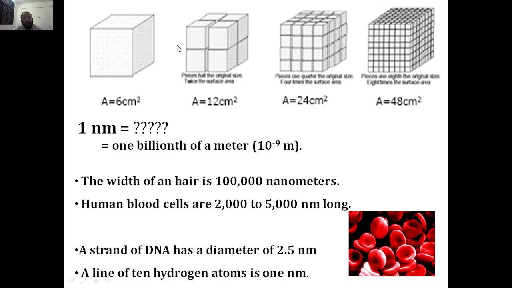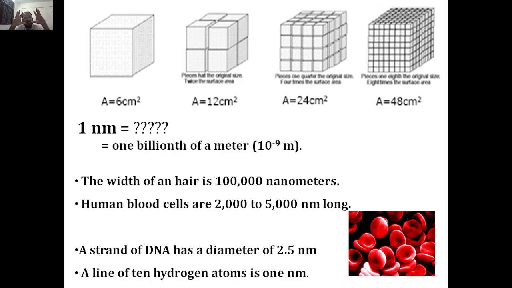So how is the area increasing here? The total space the block takes is the same, but the area is increasing. Why? Because when I cut this block into 4 pieces or 2 pieces, the internal space is open now. Now the internal space also we have to count, right?